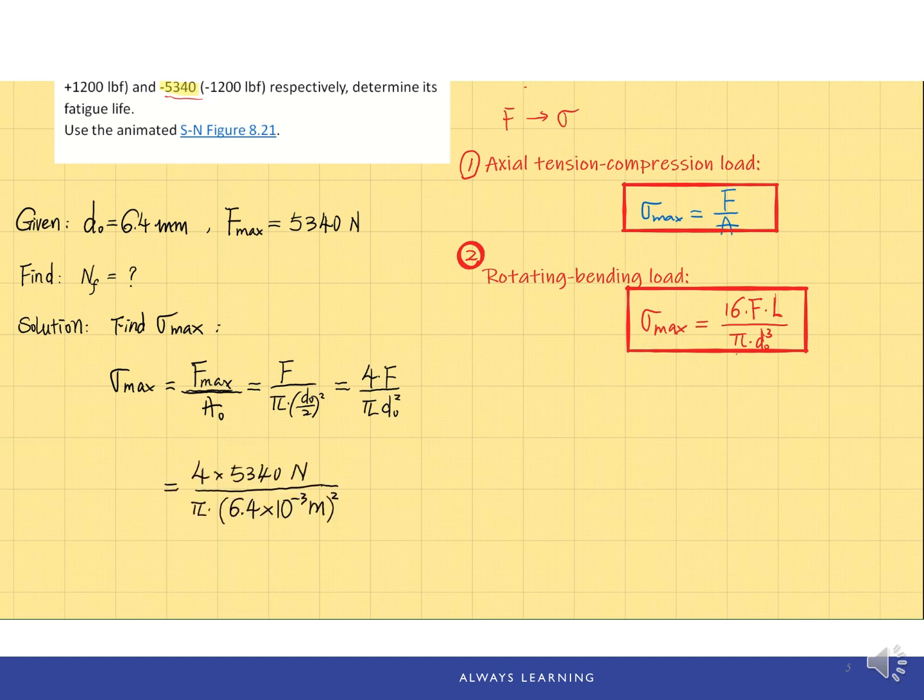Remember to convert the diameter from millimeter to meter, and this gives 166 times 10 to the 6 Pascal, which is 166 megapascal. Now with this number, we can use figure 8.21 to find the corresponding fatigue life.